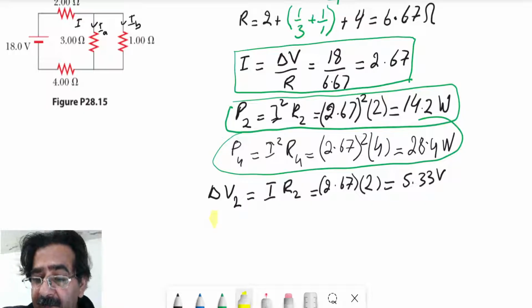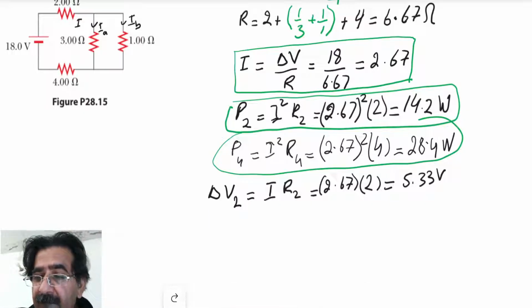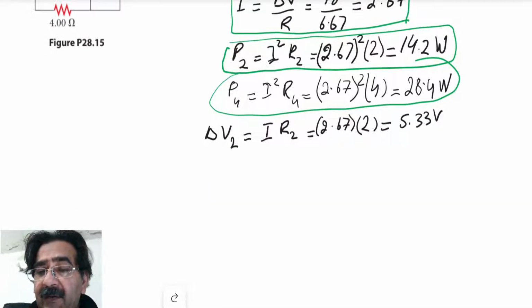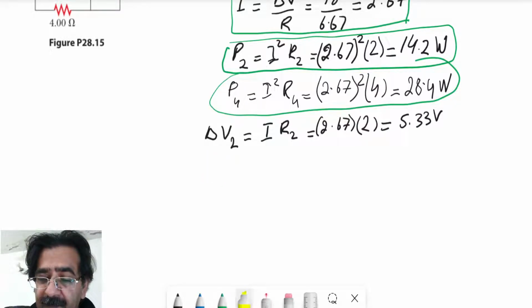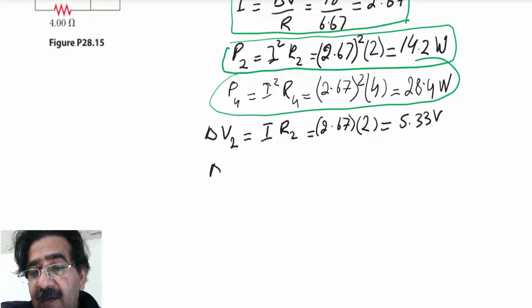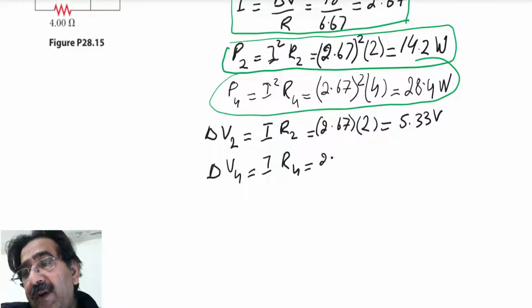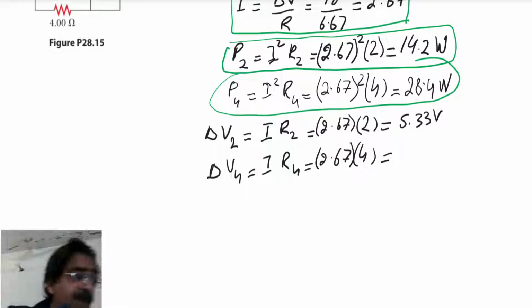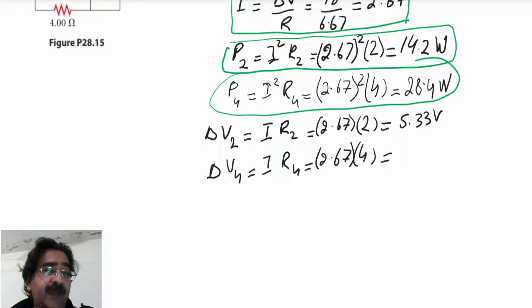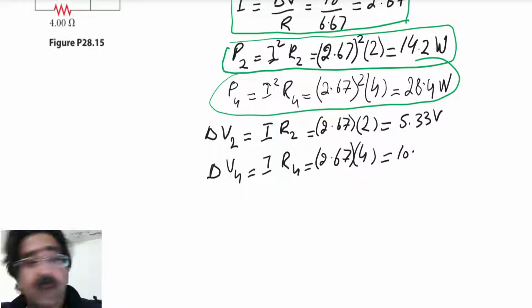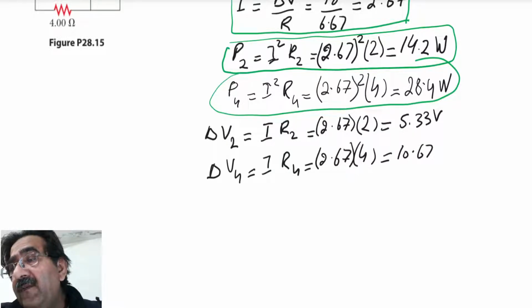And delta V4 will be I R4, that is 2.67 multiplied by 4, and the result will be 10.67 volt.